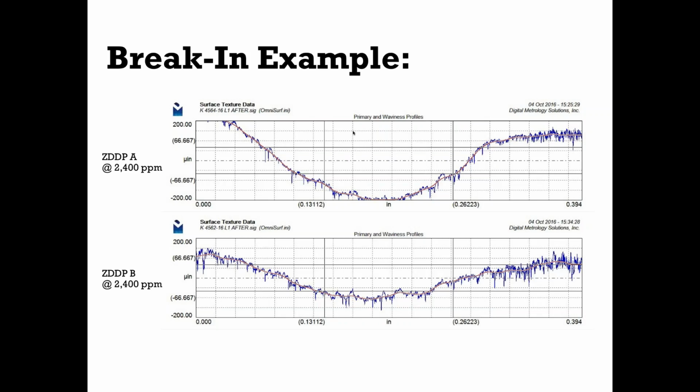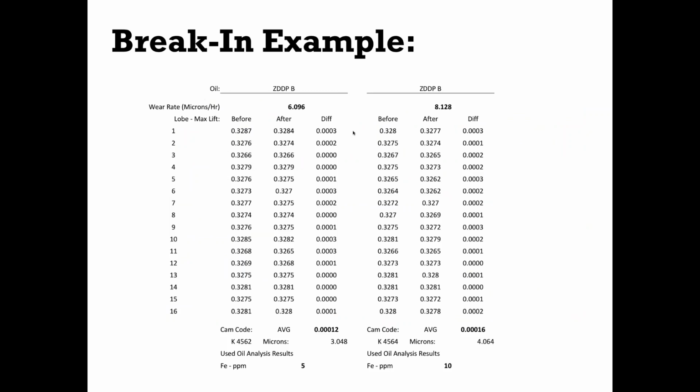But then we can overlay that same data with the ADCO measurements. So the wear rate is 6 microns per hour with ZDP-B, and then 8 microns per hour with ZDP-A. I didn't change my theme there, so that's my bad. But those are the two different ZDPs, or the two different oil cams, and you can see the difference there.